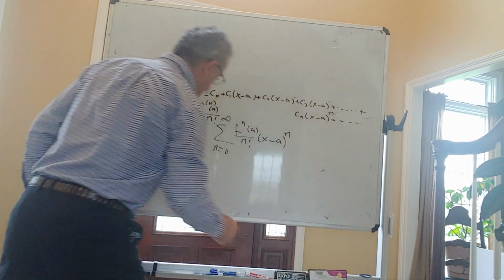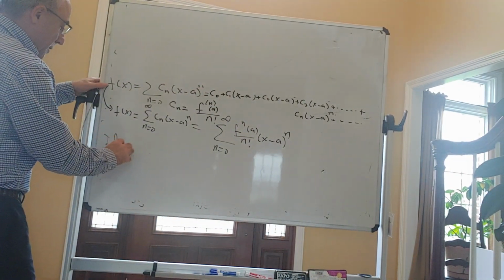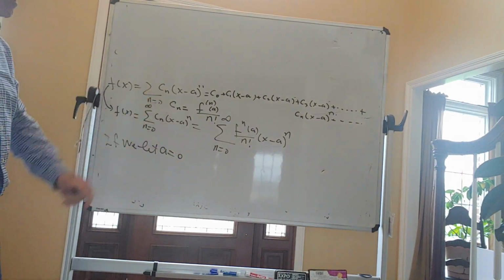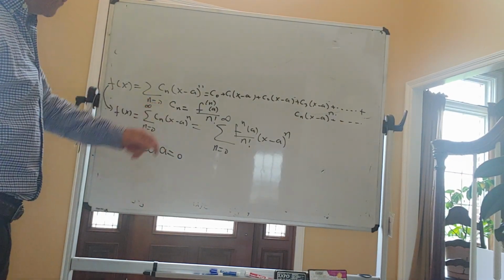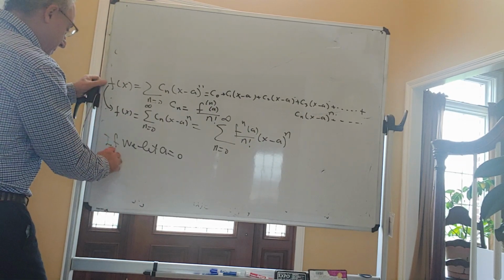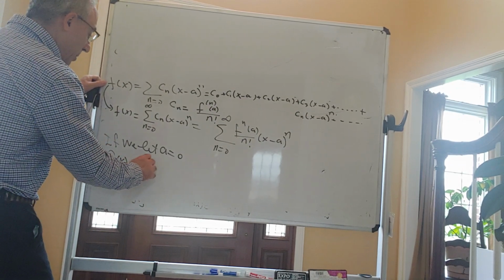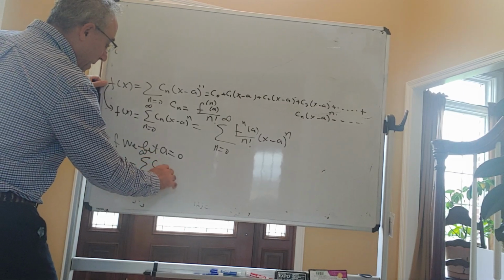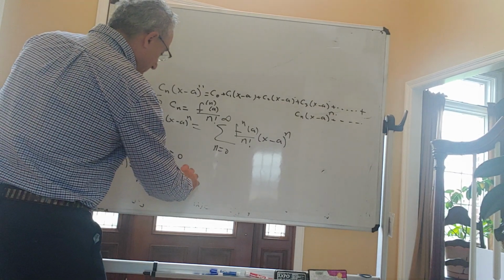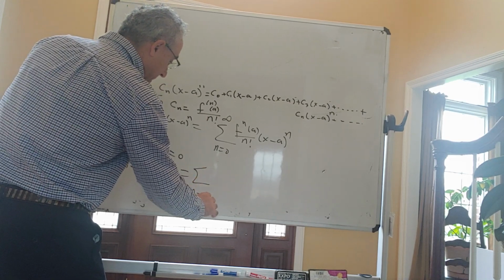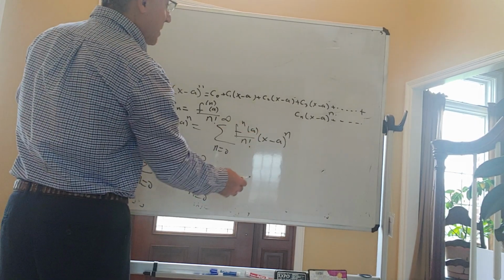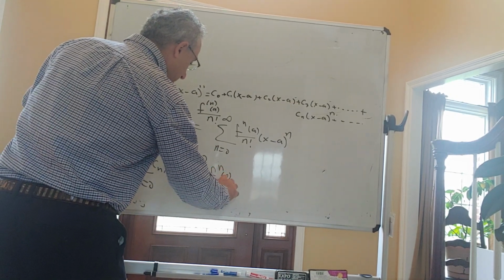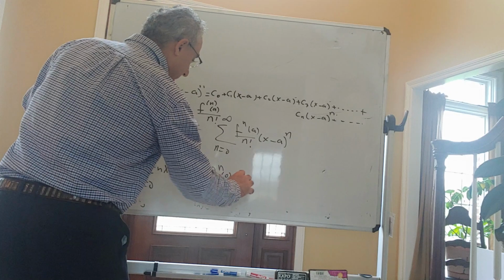So note that if we let A equal 0, that means we do the power series extension of f centered at 0, then f of x can be written as the sum from n equals 0 to infinity of Cn x to the n, where the Cn are going to be Fn at 0 over n factorial, times x to the n.